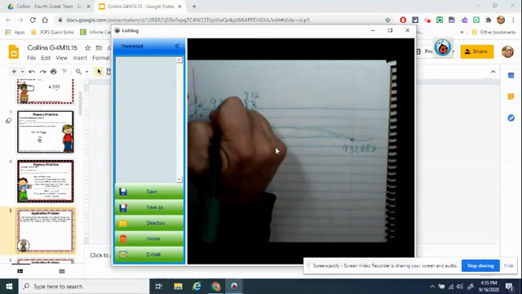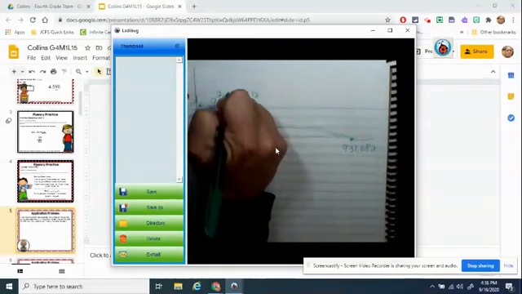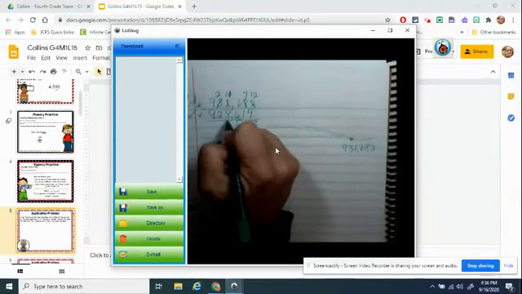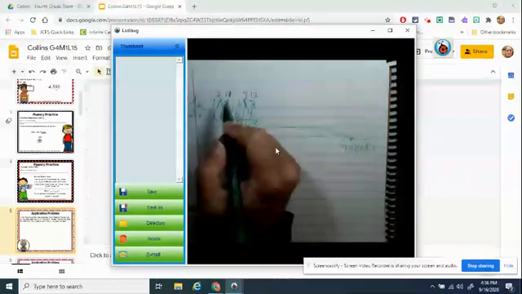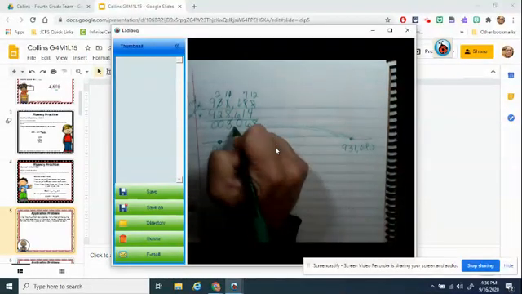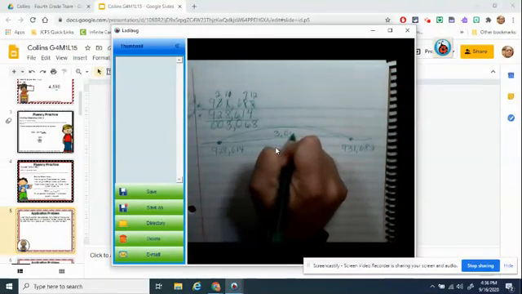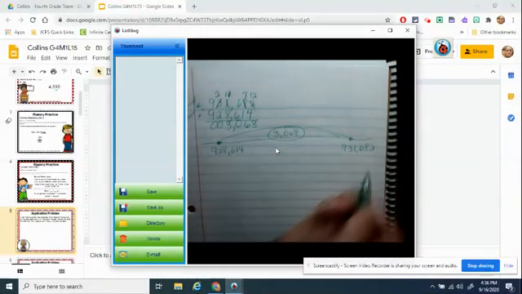I need to go to my 10 thousands place and regroup a 10, which when I regroup that 10, it's going to be 11. Okay, 11 minus 8 is 3. 2 minus 2 is 0. 9 minus 9 is 0. So the number of people who came through the gate that day was 3,068 people that came through the gate.